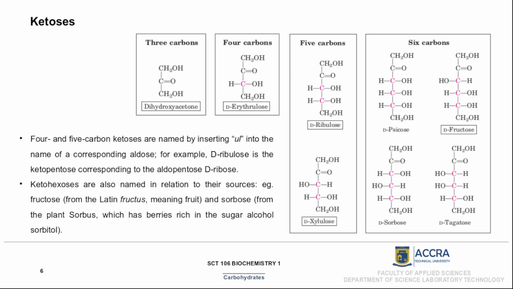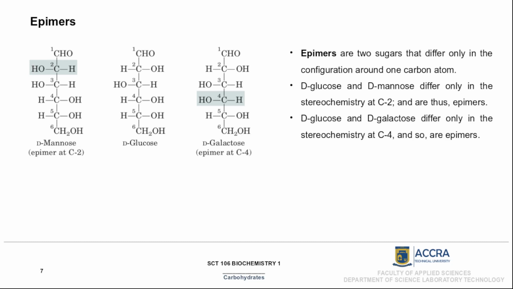Now let's turn to epimers. Epimers are two sugars that differ only in the configuration around one carbon. So for instance, if you take mannose in comparison with glucose, you find that the difference between the structure of mannose and glucose is in the configuration of the groups around carbon 2.